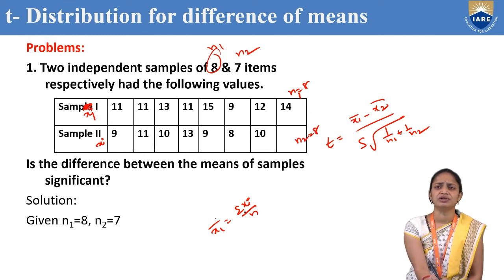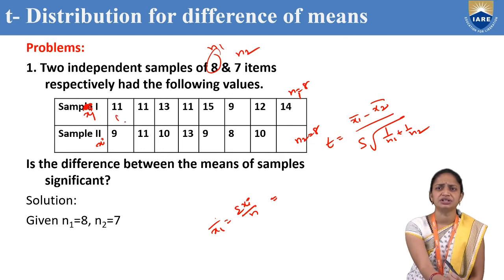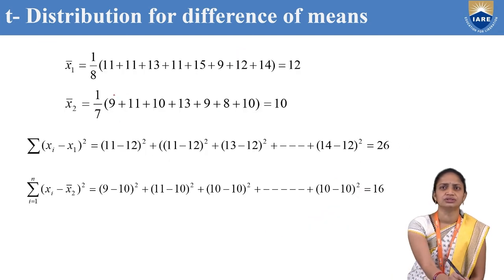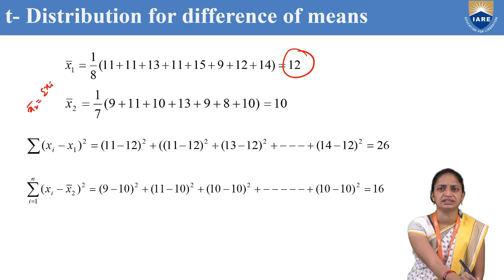So x1 bar equal to summation xi by n: 11 plus 11 plus 13 plus 11 plus 15 plus 9 plus 12 plus 14 divided by n, n is nothing but 8. That is equal to 12. So x1 bar equal to 12.